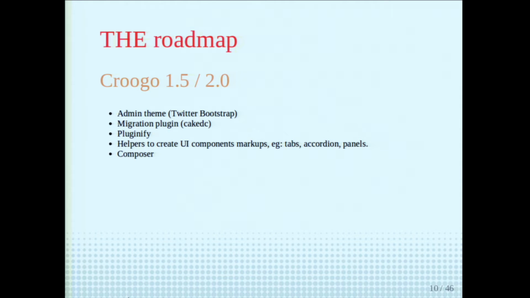They wanted to pluginify everything, because before 1.5 Croogo was just a big application, and they wanted to start doing small plugins. Also to create helpers to easily create the most used components, for instance tabs, panels, accordions, all the Twitter Bootstrap stuff. And they also wanted to use Composer. So we decided to use Croogo for next projects, and instead of recreating something from scratch, just contribute to the project.